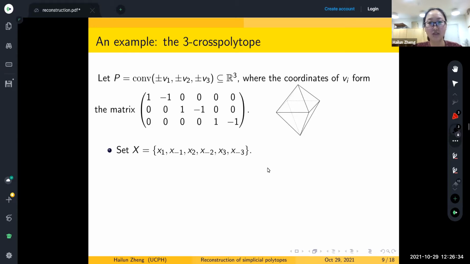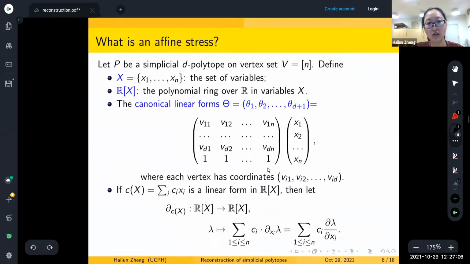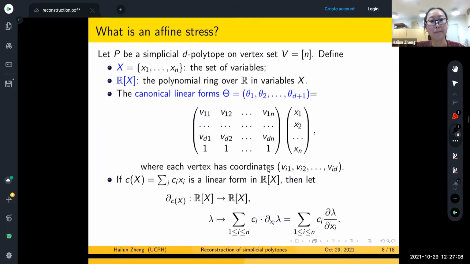Here, let's say this is v1, this is minus v1, then v2, minus v2, and also v3, minus v3. I have 6 vertices, and I write down their coordinates: v1, minus v1, v2, minus v2, v3, minus v3. And then this gives me this matrix, just as what I did in the previous slide.